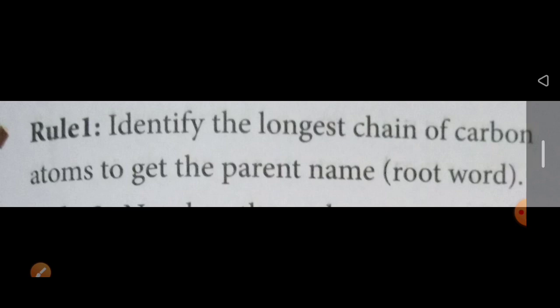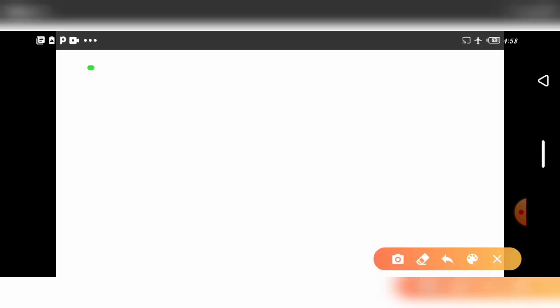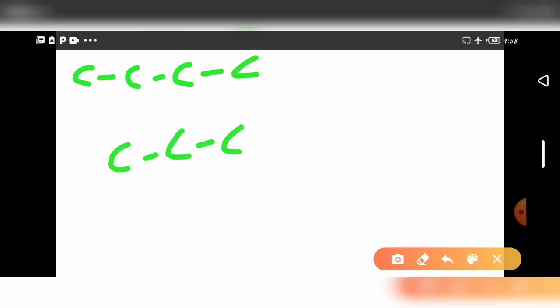How will you get the parent name? See here, I explain. Already I said it may be a long chain or a side chain. First you have to identify the long chain or side chain, whatever is presented there.